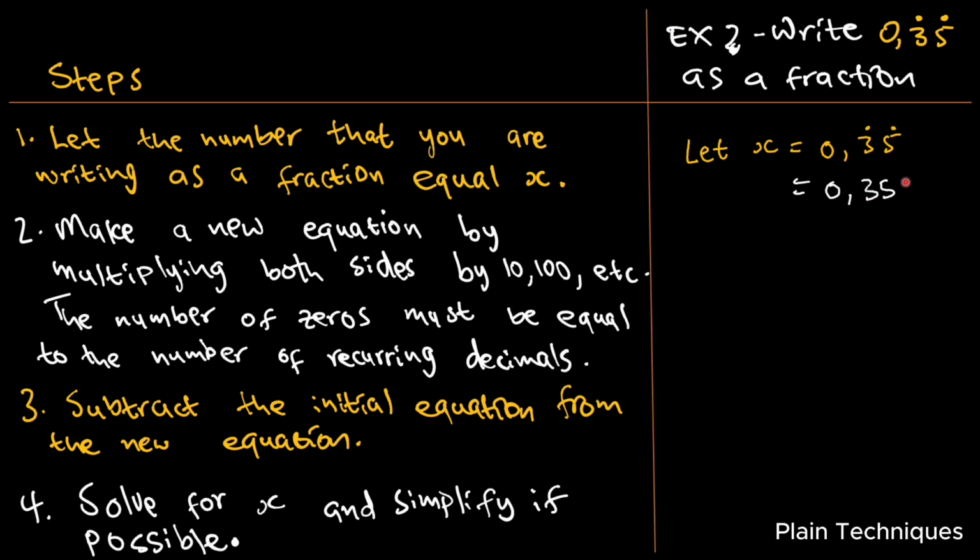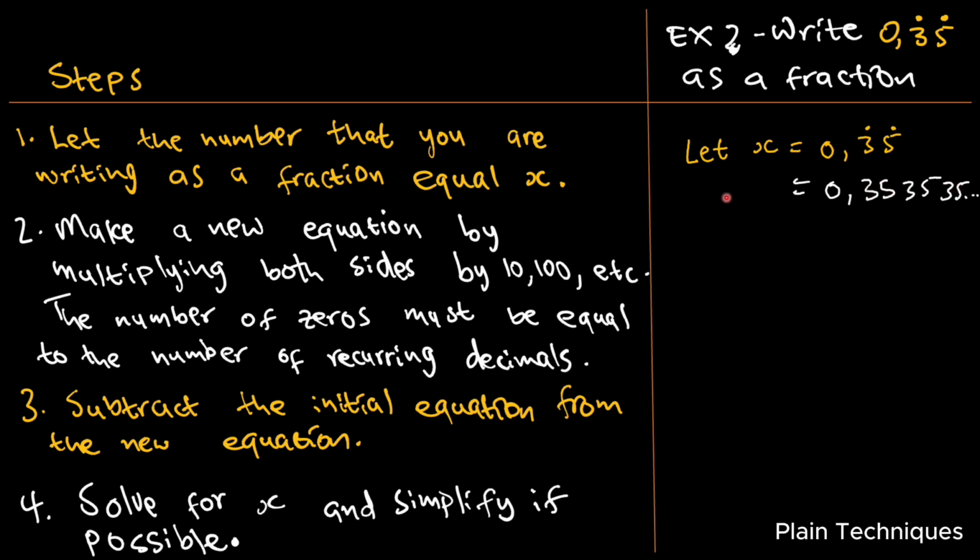So I'm going to write 3, 5 again, 3, 5 and again 3, 5, just like that. That is how you can write 0.35 recurring. Both of them have that dot or recurring sign, meaning they are repeating.